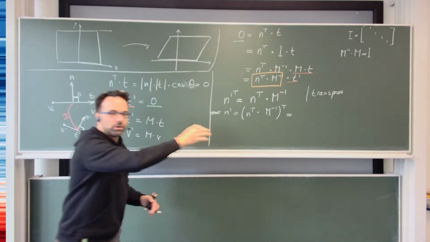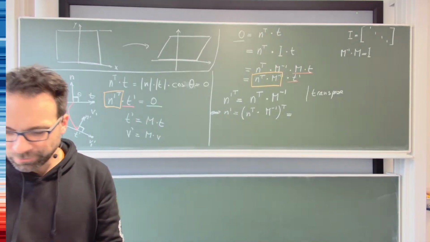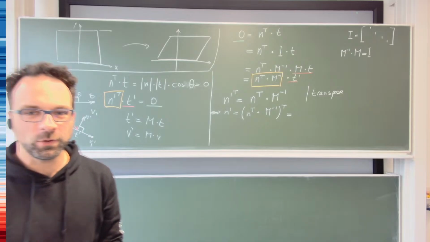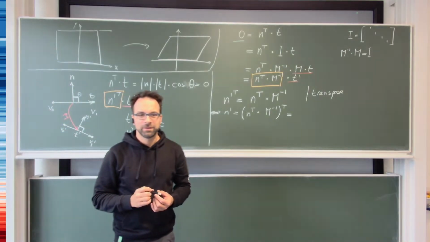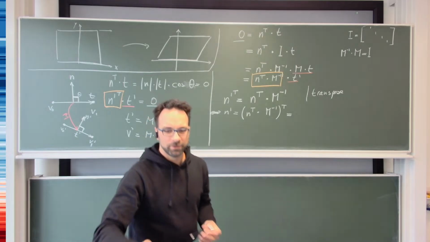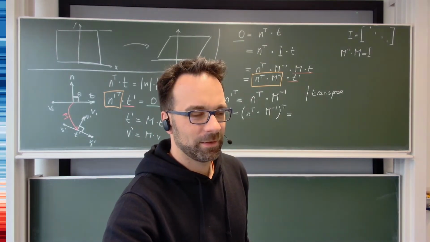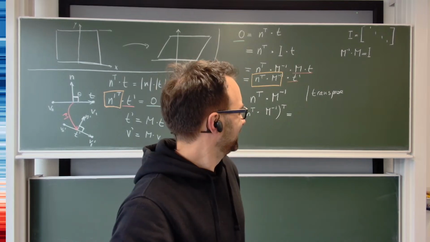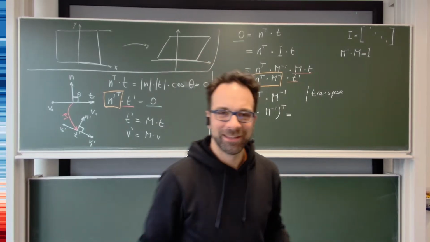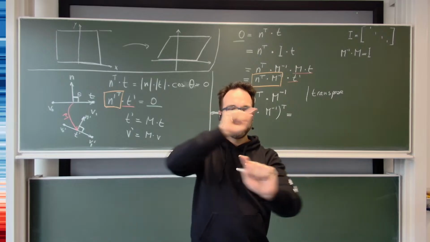This is still a product of 2 matrices, so all the rules apply. How do you transpose the product of 2 matrices? You transpose both of them and you flip the order.